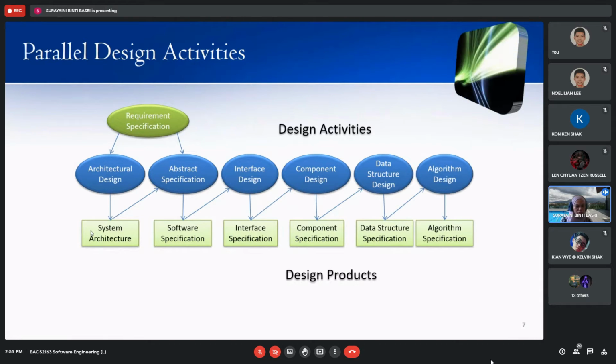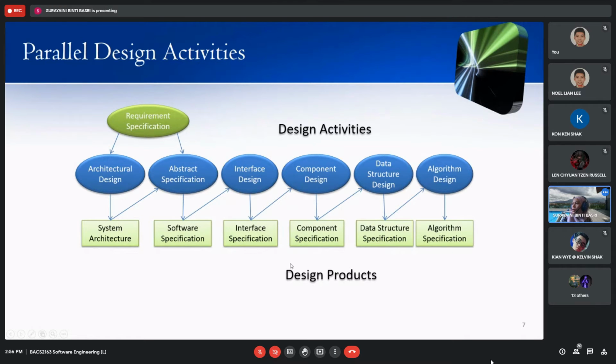Either they want one document that consists of all of these specifications, or they have separate documents. But usually they will put all of this inside one document, which is the SDD, the software design document. It is the second document that we should produce after the SRS.